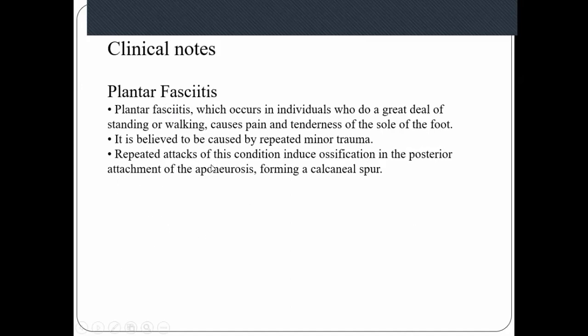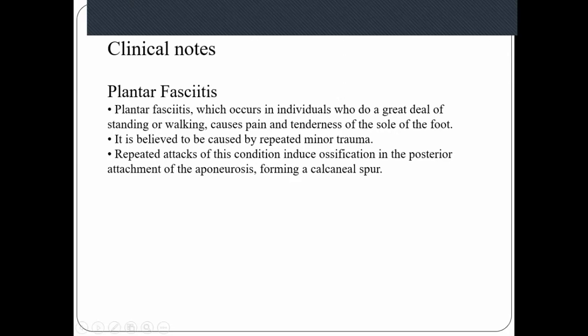When this condition is not treated and the repeated attacks continue, it may induce ossification of the posterior attachment of the aponeurosis and form a calcaneal spur. This is a small clinical note.